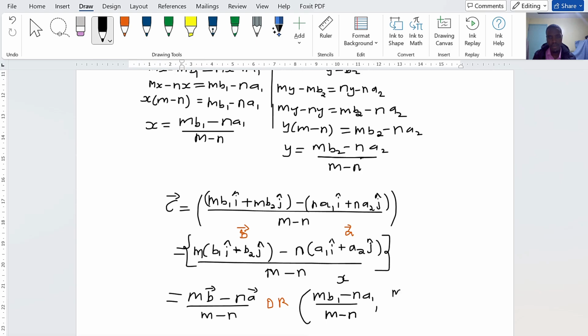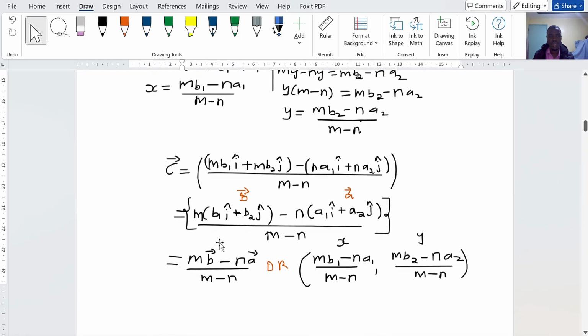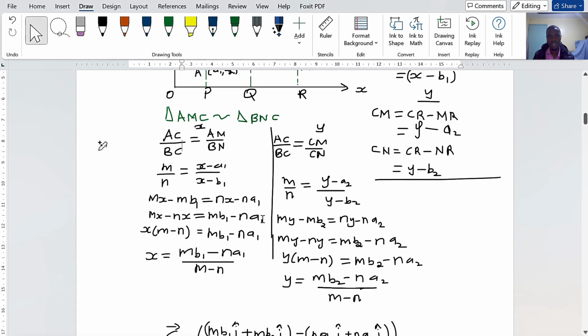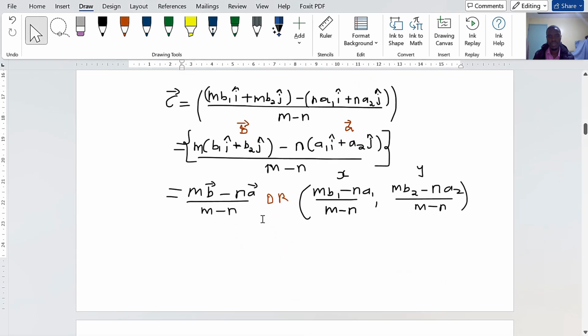Then we have MB2 minus NA2, all this divided by M minus N, and this is for the y part. So in coordinates, this is what we have. In simplest form, we have MB minus NA over M minus N. So that is for external division. Here we add for internal division. We subtract for external division. I hope that is clear for the first question.